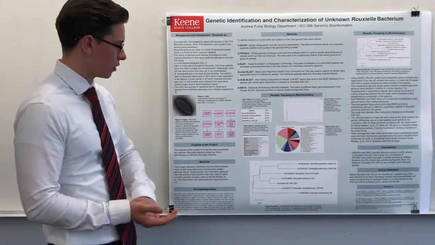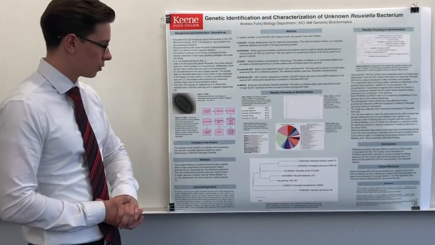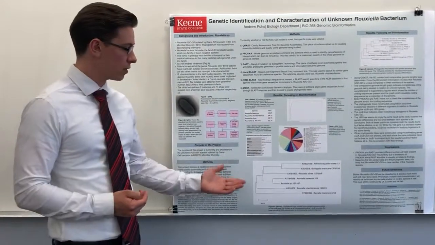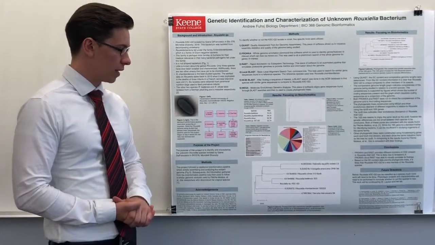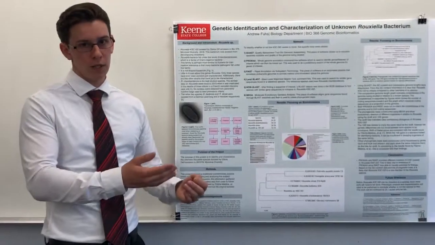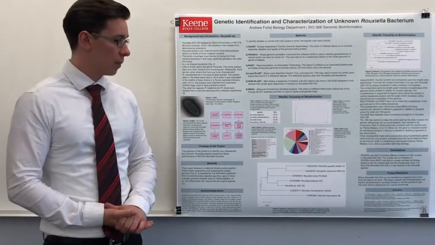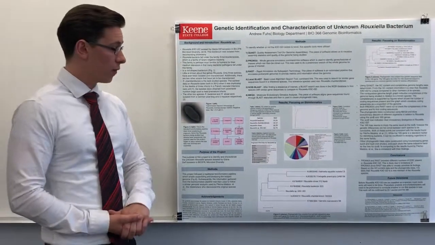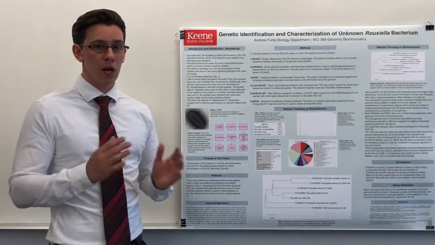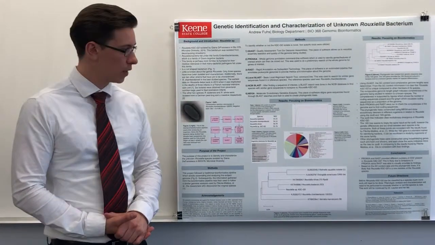So the big part of our results is this image right here. This phylogenetic tree was created using the rpoB gene. So the way these trees were created was we found the sequence for a specific gene in our Rouxiella and performed a BLAST search on it to find similar sequences in different organisms. And from there, we gathered all of those different sequences, aligned them, and using MEGA, it produced this tree.